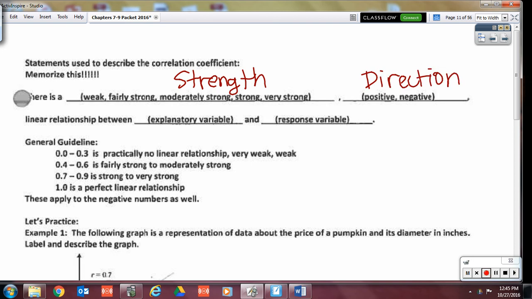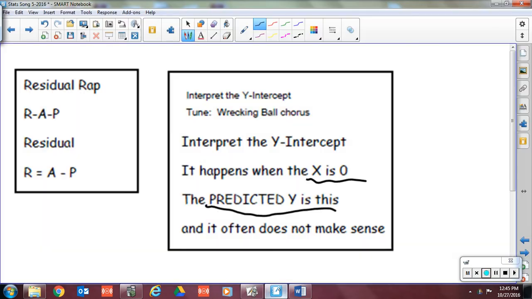You want to include that it is a linear relationship or a linear correlation between your explanatory variable and your response variable, so between your x and your y. And you would put those in context. You wouldn't just say x and y, you would use the words that describe it. Okay? So, I have got something for that.